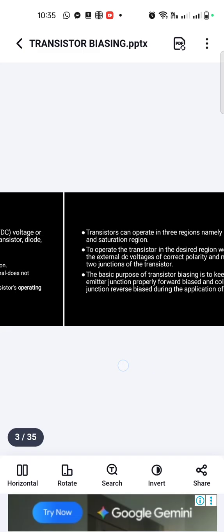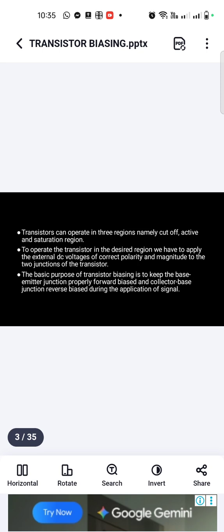What is the active region, cutoff region or saturation region? Normally these transistors are operated in three regions, namely cutoff, active region and saturation region. Cutoff, as the name itself says, means the transistor is in off state.